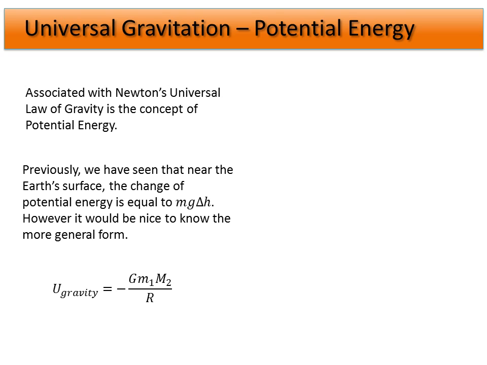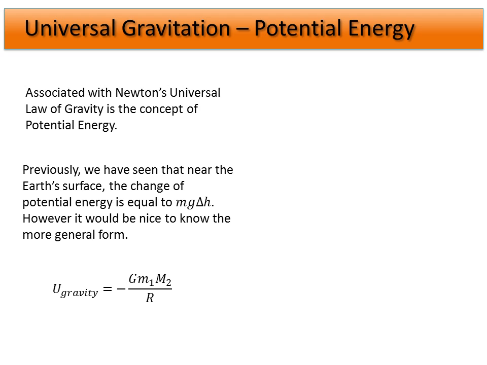Very similar equation to Newton's law for universal gravity, except you'll notice that this r is not squared. It's just to the first power. And there are no vector quantities associated with this. We do keep the minus sign, however, as we go to a scalar quantity.